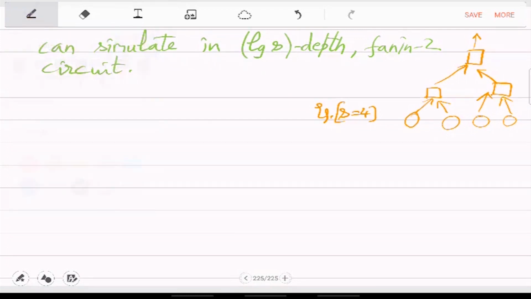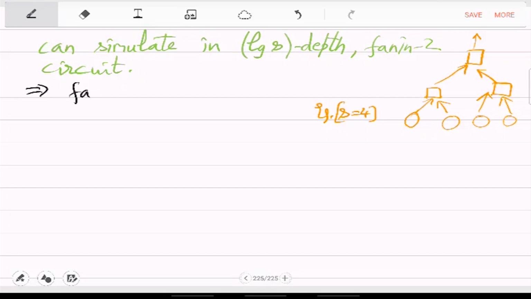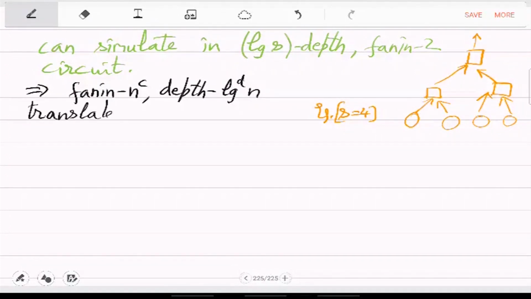So via this reduction, if the fan-in is poly n, then you can blow up the depth and reduce the fan-in. So this means that fan-in poly n, or fan-in n to the C, size and depth log to the D n, translates to: you can manage in fan-in 2 and increase the depth.